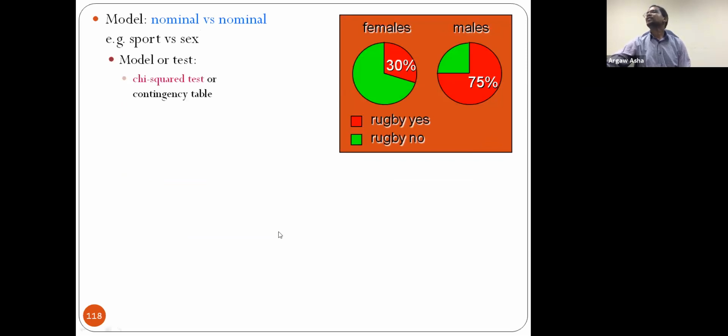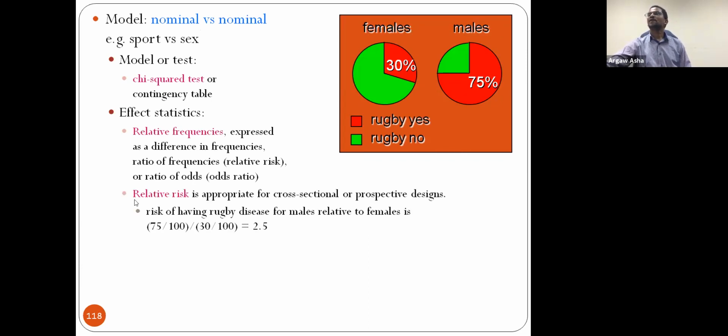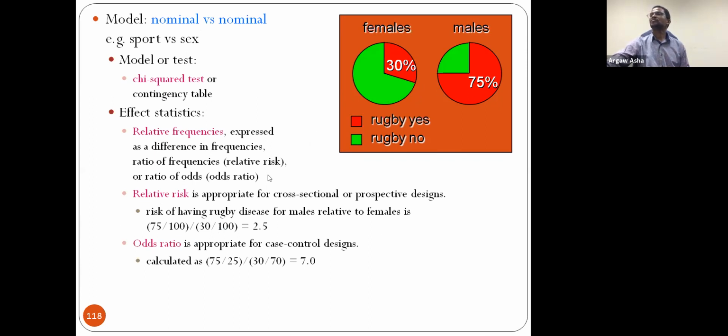The other is nominal values, for which we can use the model test, chi-square test, contingency. Effect test, for example relative risk, is where you take the ratio between female and male. For example 75 versus 30. If we calculate the relative risk, 75 percent to 30 percent is about 2.5.